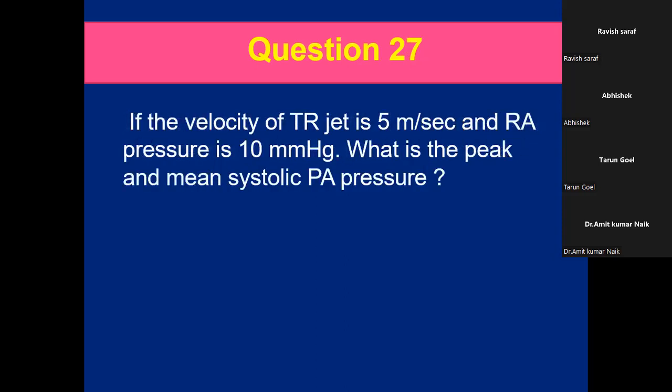If the TR jet velocity is 5 meters per second, RA pressure is 10, what is the peak and mean pulmonary artery pressures? 4. 100 and 110. What is peak and mean pulmonary artery pressure? You can correct your values. You are close by, but you're not correct.